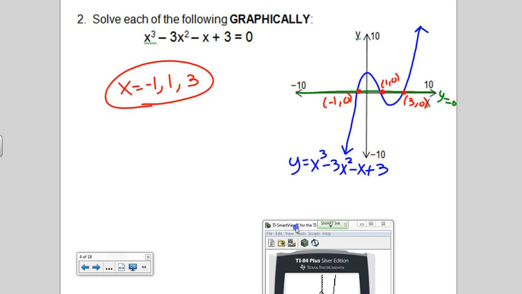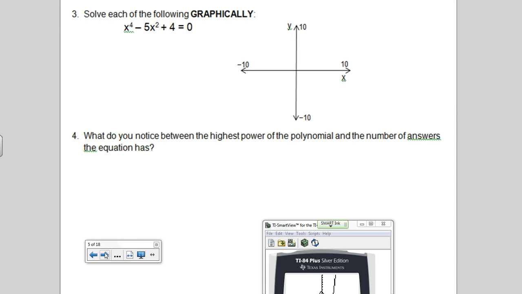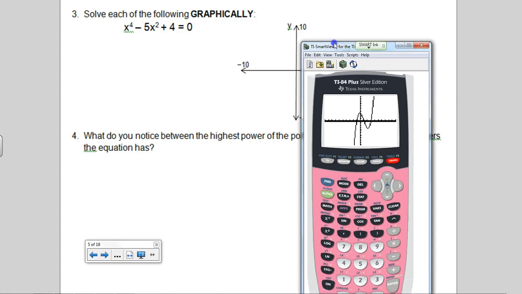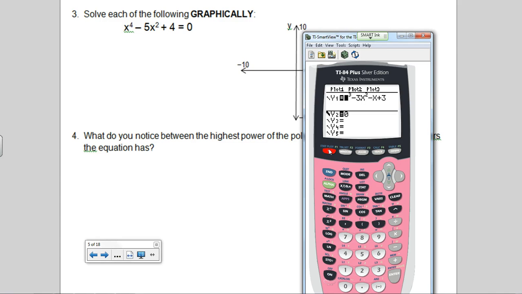Okay, moving on to example 3, the 4 power. This is the quartic equations, because the highest power is a 4. And I'm also going to type this one in. And the 0 line is in.